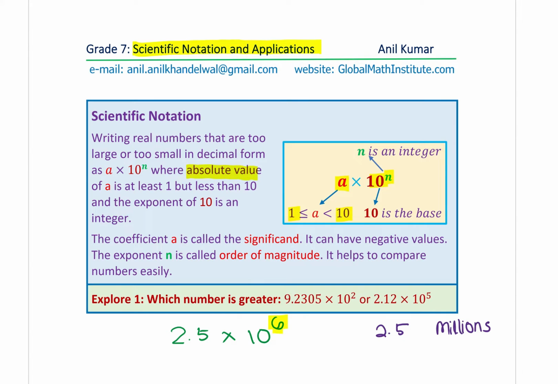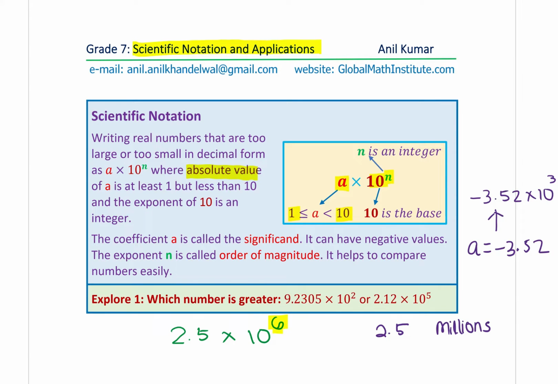See this, we could also represent negative numbers. So I could definitely write minus 3.52 into 10 to the power of, let's say, 3, right? We could write this. In this case, the value of a is what? In this case, a represents a number, minus 3.52. So it could be a negative number also.